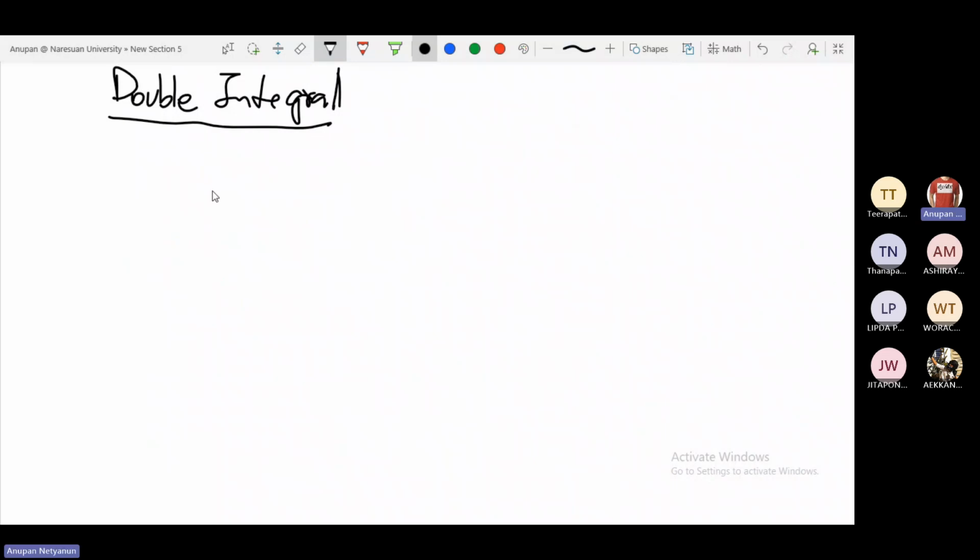First, when I talk about the double integral, remember, I start with the region that is simple, which is the rectangle.